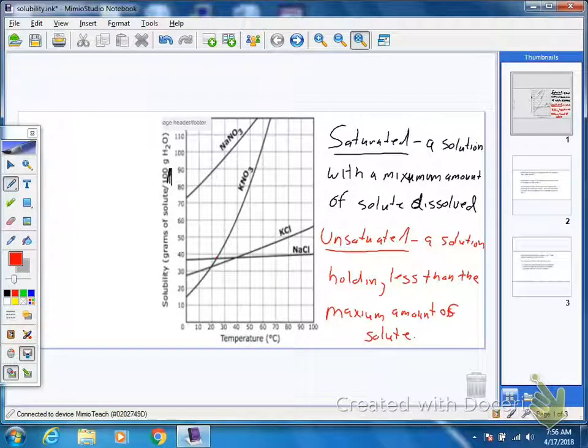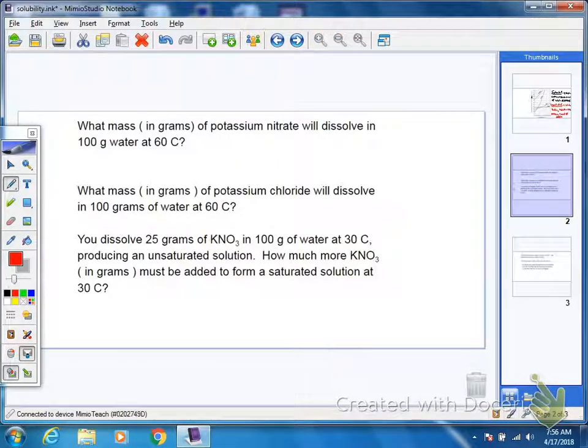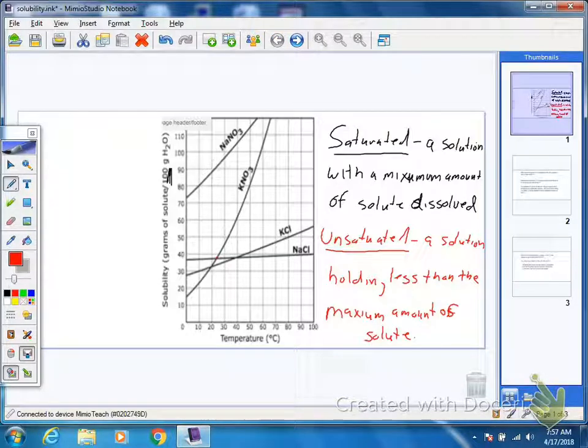So here's one problem. What's the mass in grams of potassium nitrate will dissolve in 100 grams at 60 degrees Celsius? So it wants to know the total amount, and that would be the saturated level. So we find 60 degrees Celsius for potassium nitrate. Right here, 60.